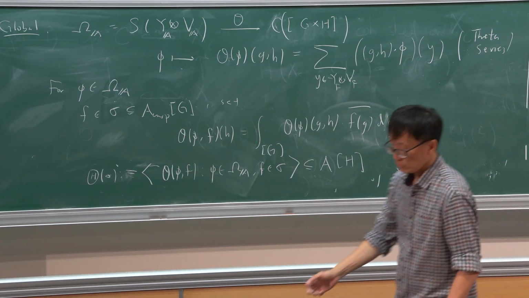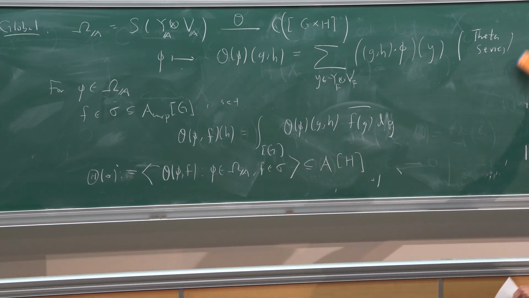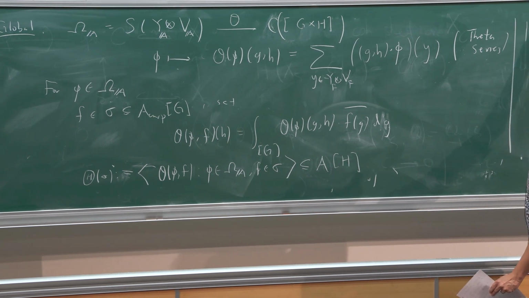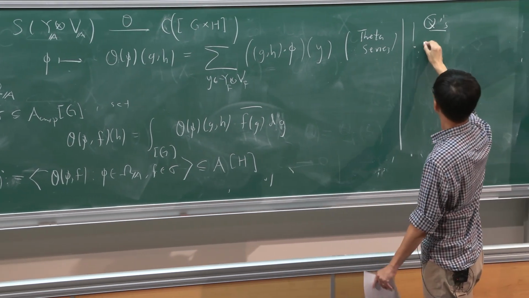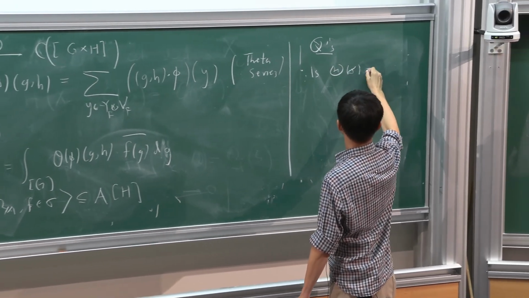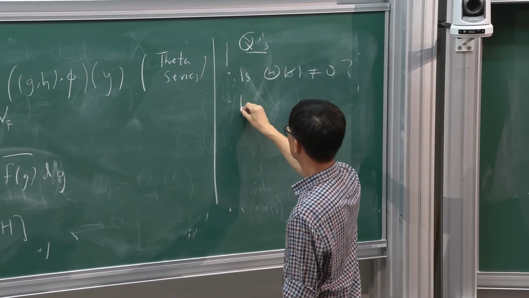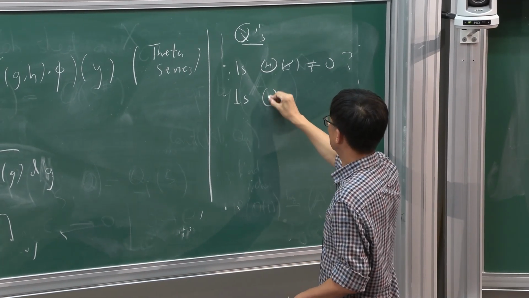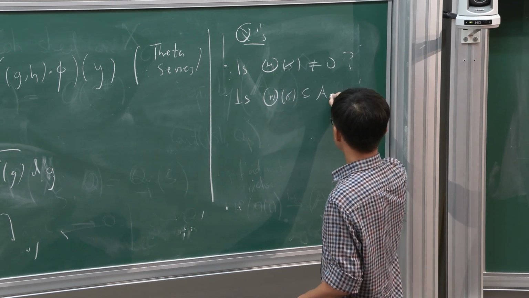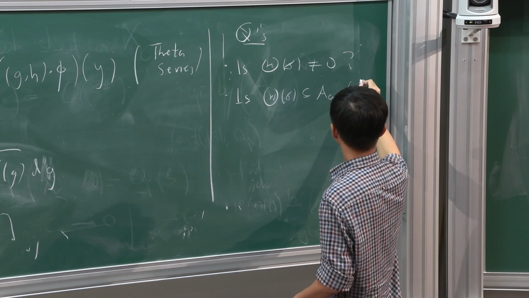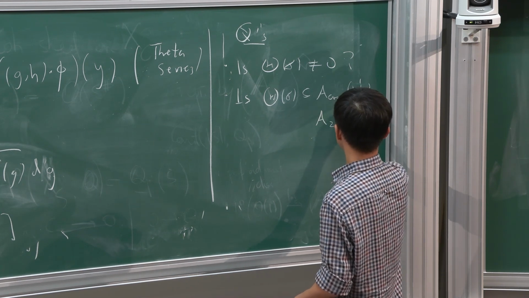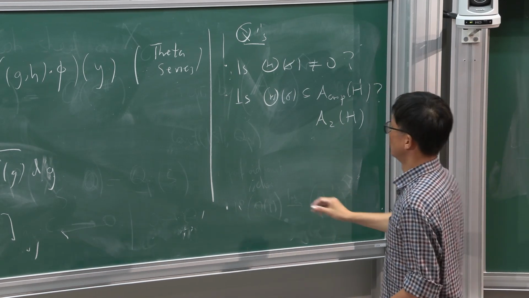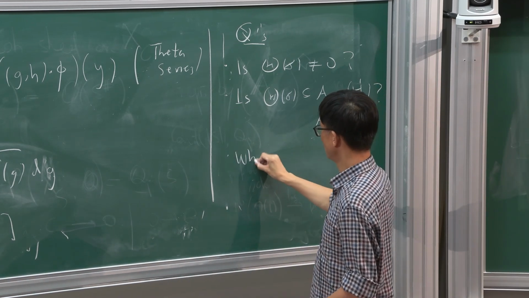Okay, and what are the basic questions in this global context? They are just parallels of the local ones, right? So the questions are: is this non-zero? Because you have constructed some automorphic forms, but maybe it's zero. Is it in A cusp of H? Maybe is it in the square integrable, the automorphic discrete spectrum, so to speak? And then you may also ask what is it?